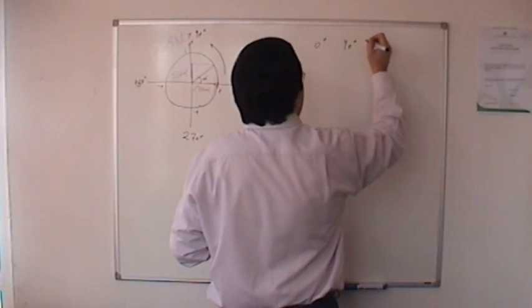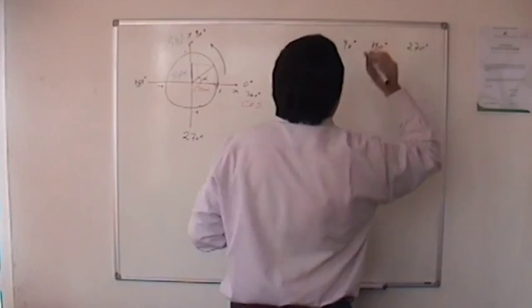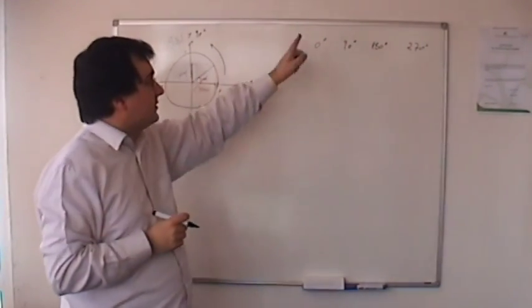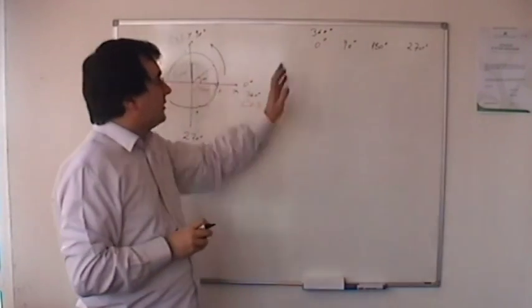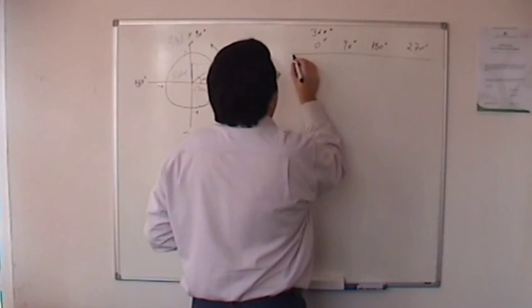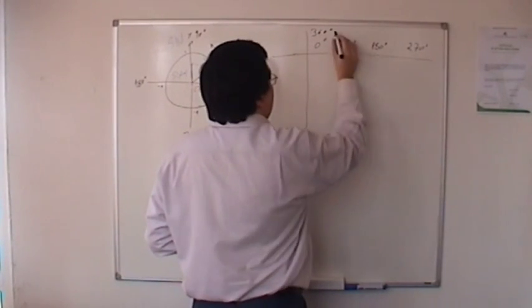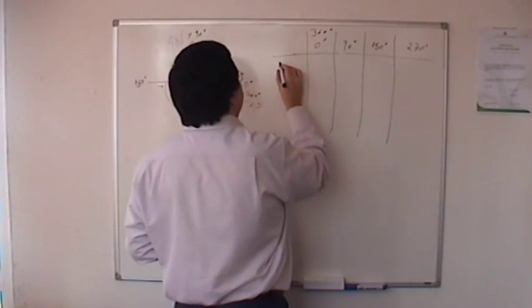We have 0 degrees, 90, 180 and 270. Remember that 360 is the same as 0, so I'm going to put 360 here above 0. And we will have the following values.